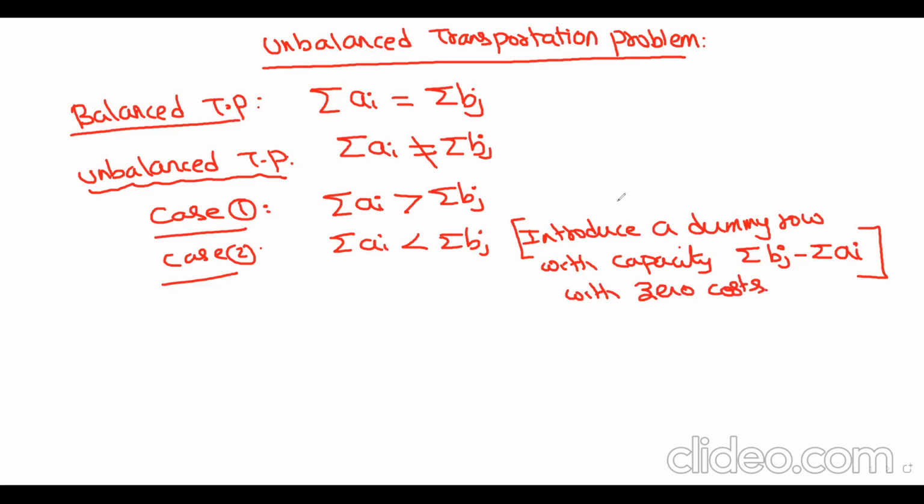Here also we have to introduce a dummy column with capacity summation Ai minus summation Bj with zero costs.